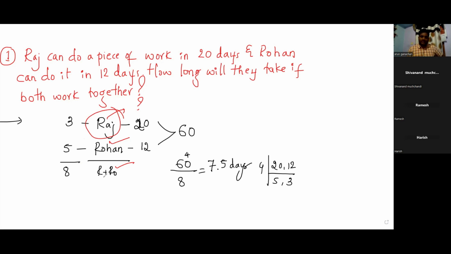We will first find the LCM for Raj plus Rohan and Rohan, like the way we did here. Then we'll subtract. I'll teach you with an example. Take down this example. I'm teaching everything with examples today because that's the best way to understand this chapter.